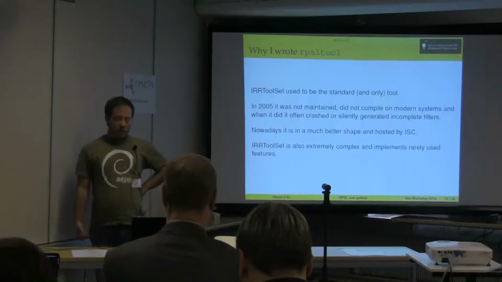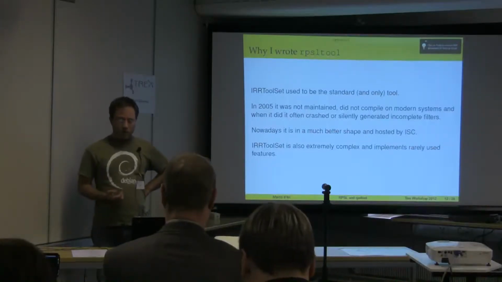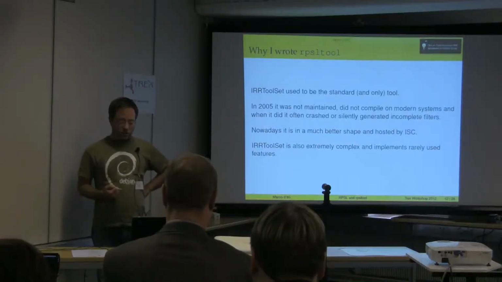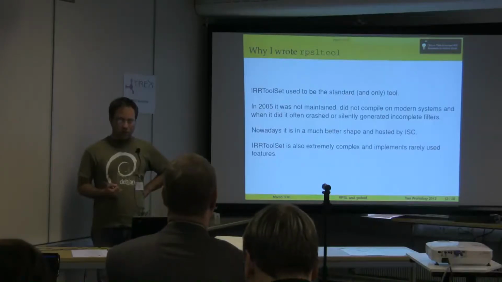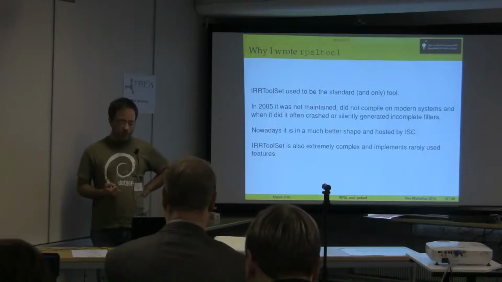Once upon a time, this kind of configurations were generated by IRRToolSet. It is a very old tool born at Merit in the United States in the Routing Arbiter project, which is where RPSL came from.